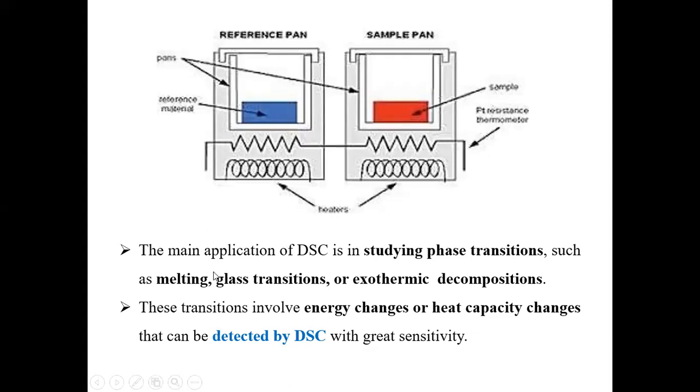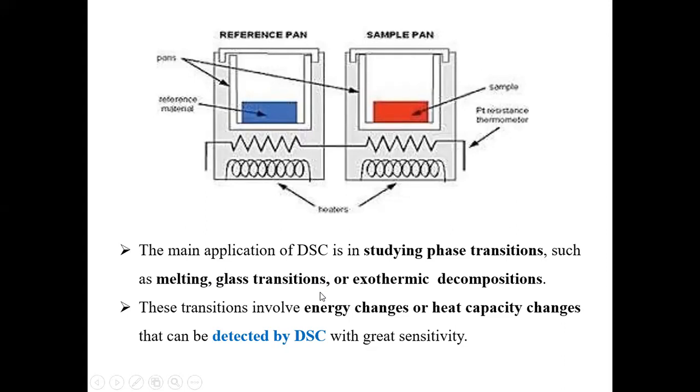Coming to the main application of DSC, it is studying phase transitions, especially in polymers. You know polymers show the phenomenon called polymorphism. So when they are changing from one phase to another, especially melting, glass transition, or even exothermic decompositions, all these changes we can observe.